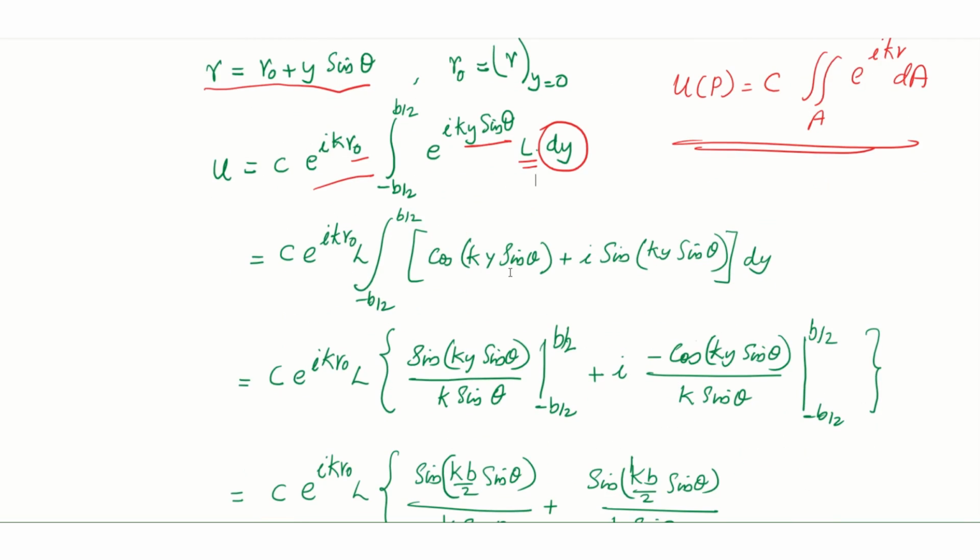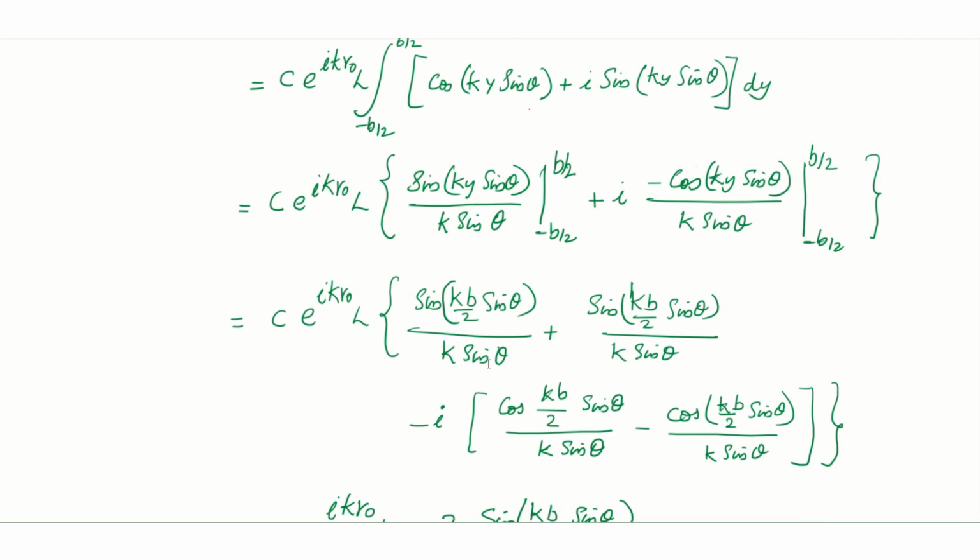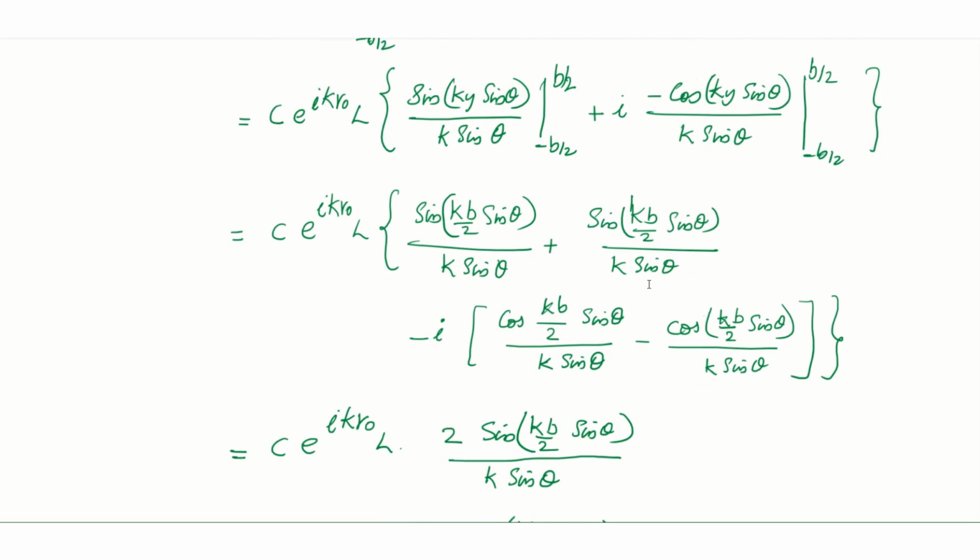Now e to the power i k y sin theta is cos(k y sin theta) plus i sin(k y sin theta). Just simply do the integration, and because it is a symmetric integral from minus b by 2 to plus b by 2, you apply the limits and you get something like this.